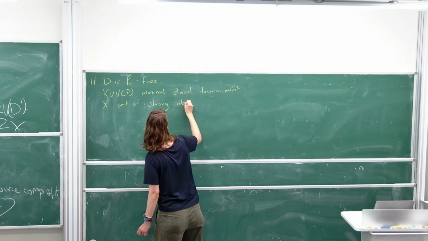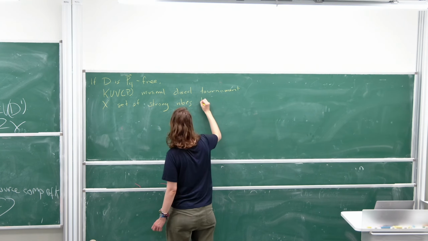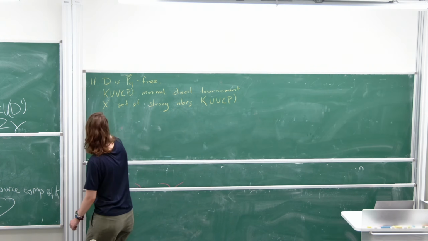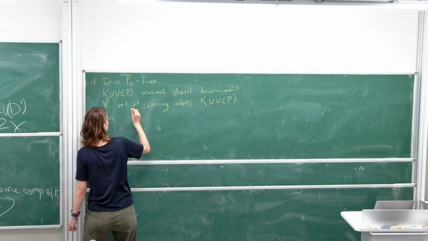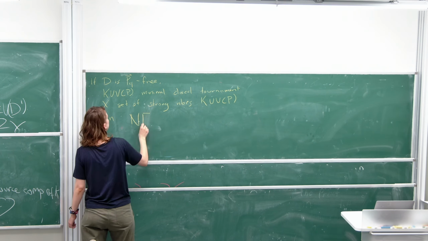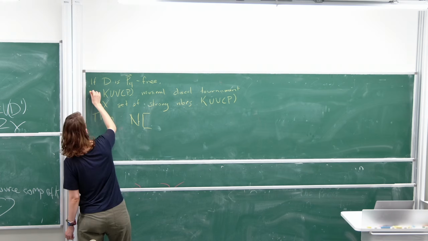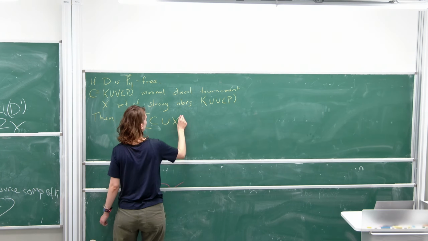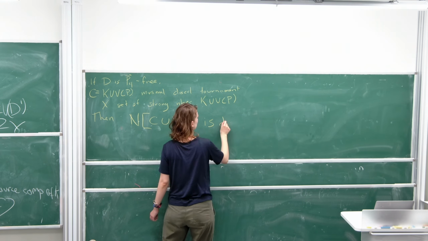X is the set of strong neighbors of K union P. Then the closed neighborhood, I'm going to introduce some notation, C equals K union P, then N of C union X is dipolar.